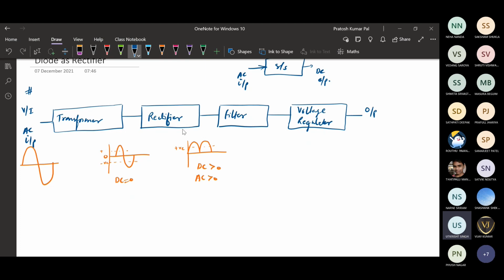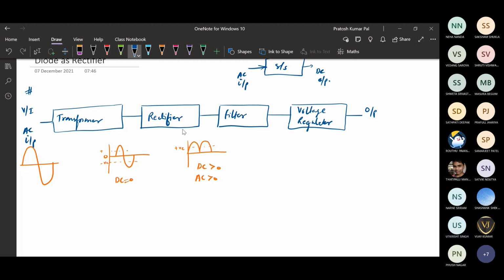A rectifier is going to convert a bidirectional signal, with up and downside, either voltage or current, to a signal that is unidirectional. That means it is defined only for the upper half of the output.